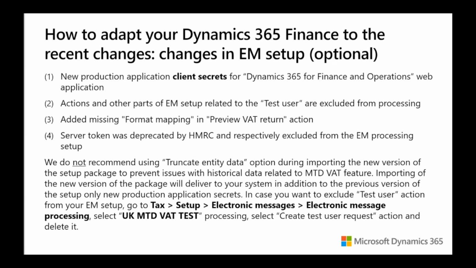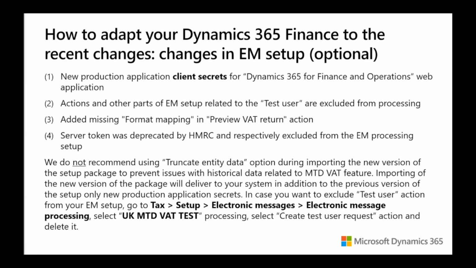And now I will provide information about additional optional changes that are related to the setup of the feature in electronic messages. As I mentioned before, I recommend to download the new version of the package and use it for feature installation in the future in case MTD VAT feature was not installed yet. The new package version includes the changes listed in this slide.